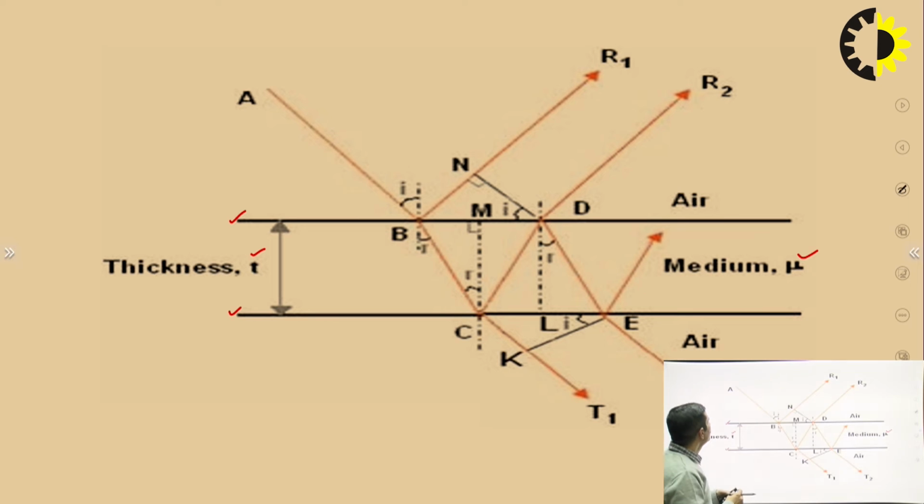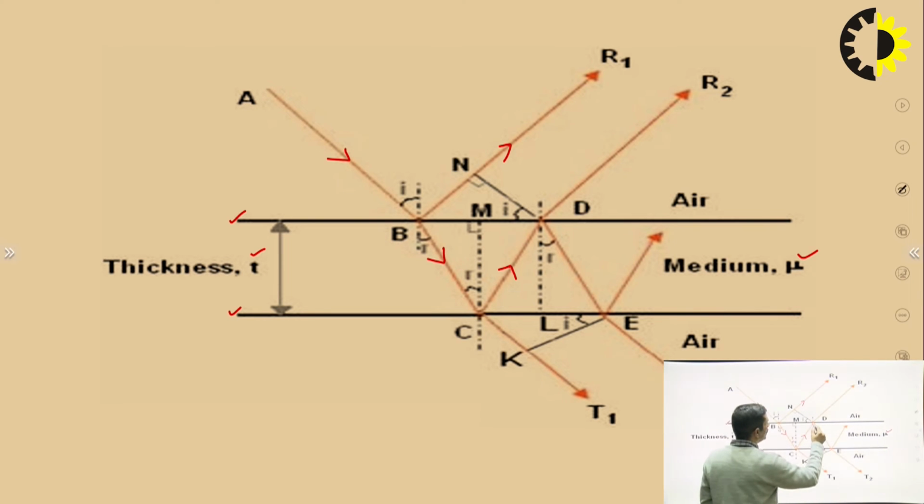Now, if the incident light ray AB falls on this film at point B, what will happen? Some part of this incident ray AB is reflected in direction BR1, and the other ray is refracted, going from B to C. It reflects from C to D, and then comes out through this medium in the form of the R2 ray, another reflected ray.